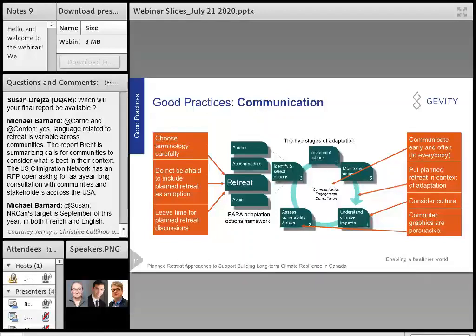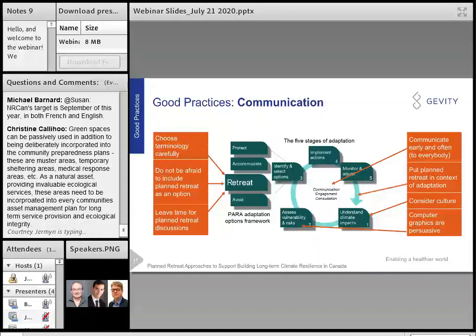Over on the right-hand side, communication, engagement, and consultation is absolutely critical. It's really the only area of complete agreement that we found in the literature about climate change adaptation, and more specifically about retreat. I don't think we ever found one literature source that says do not communicate, do not engage. So it's a critical part of adaptation.